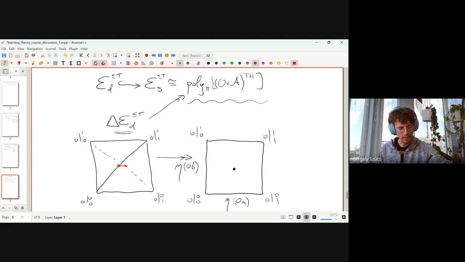For example, the mixture (0,0,0 plus 0,1,1)/2, which would be on the top edge of this tetrahedron, and the other mixture (0,0,1 plus 0,1,0)/2.